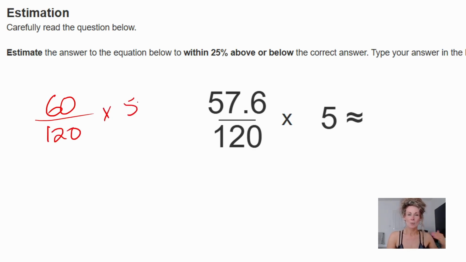Now we look and we say, what is the biggest number that'll fit into the top and the bottom? Biggest number that'll fit into 60 and 120 is 60. 60 will divide into itself once, and it'll divide into 120 two times. Now that means we now have 1/2 times by 5.